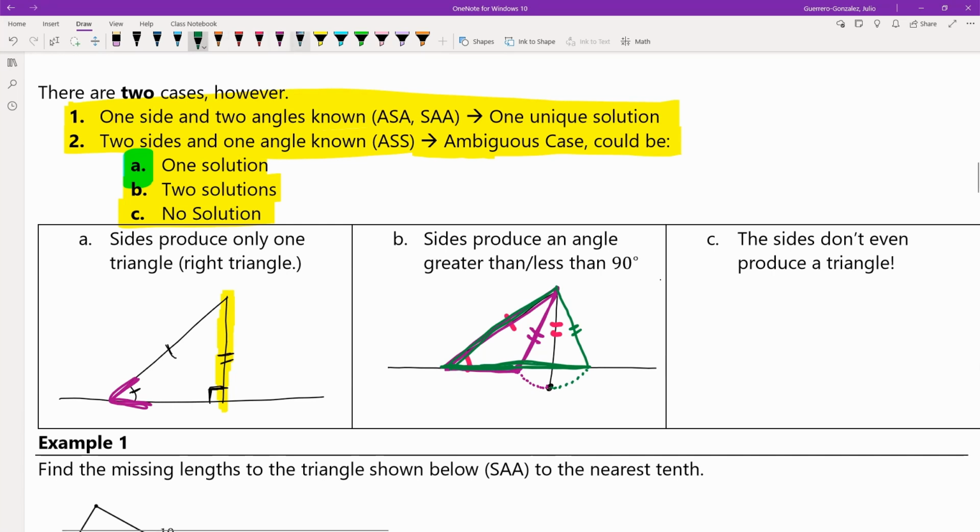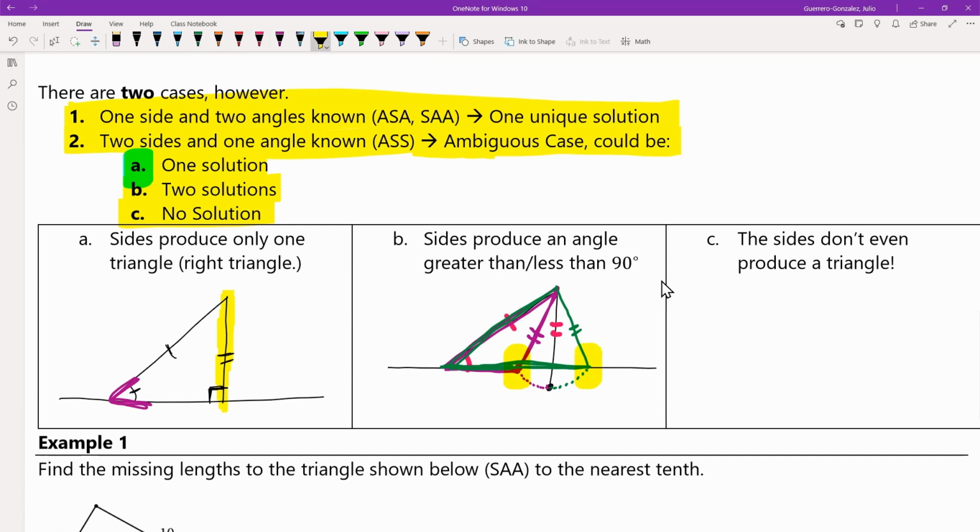In which case, if you take a look at this angle down here and this angle right here, one of them is going to be bigger than 90 degrees, and the other one's going to be less than 90 degrees. This triangle has two solutions.